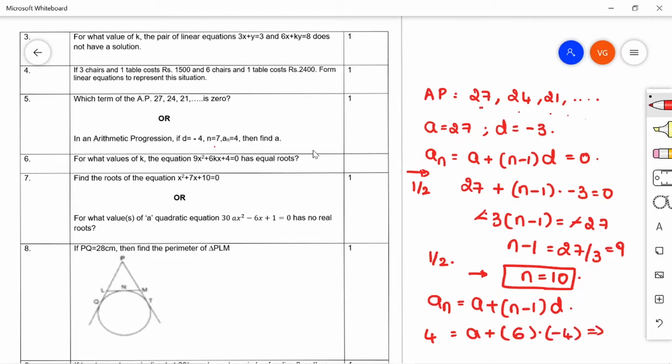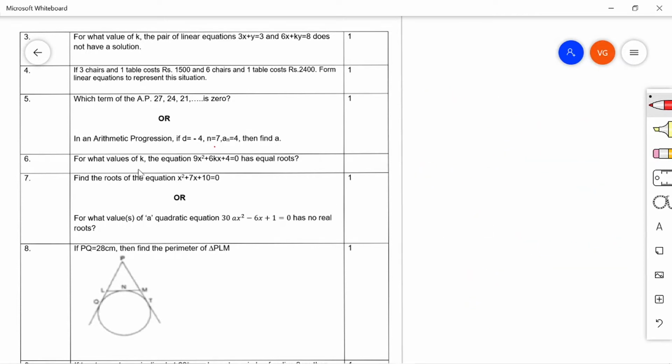So that is 24, and that side it goes. 4 plus 24 is equal to 28. So a is equal to 28. So 28 is the answer for the optional question in the fifth question. Writing down the formula, you will get half mark. Finding the final answer, you will get another half mark for this question also.